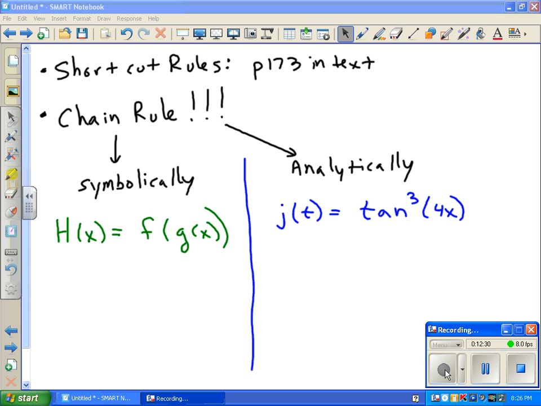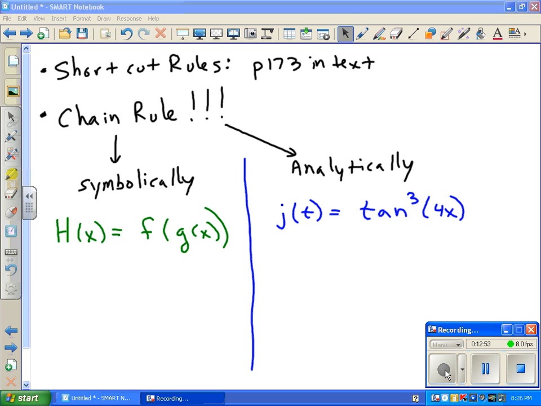We developed a series of shortcut rules. Those can be found and listed on page 173 in your textbook. We shifted our focus then to the chain rule. We attacked the chain rule in a few different ways, two of which I'm listing here, analytically and symbolically. Let's talk symbolically first.